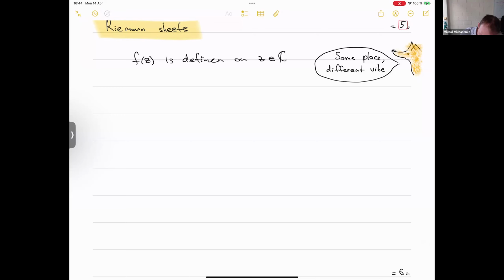So there is this complex plane that we considered, and except for a few singularities, the function is defined.